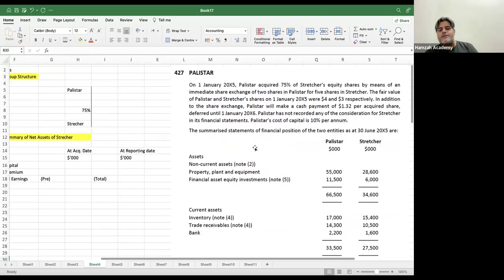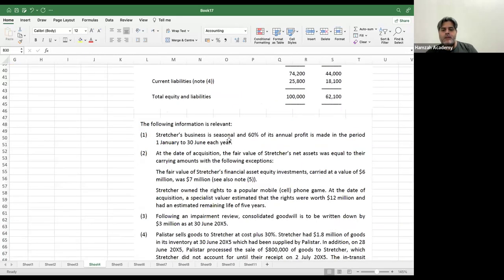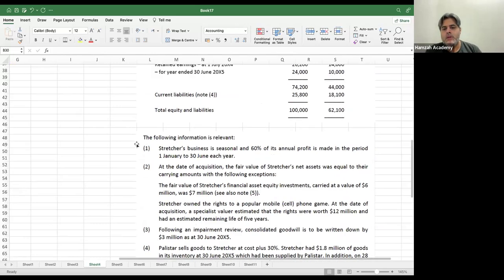Now, the summarized statement of the financial position of the two entities is given below. Before this, I am going to see point number 1 over here, which says Stretcher's business is seasonal and 60% of its annual profit is made in the period from 1st January to 30th June.